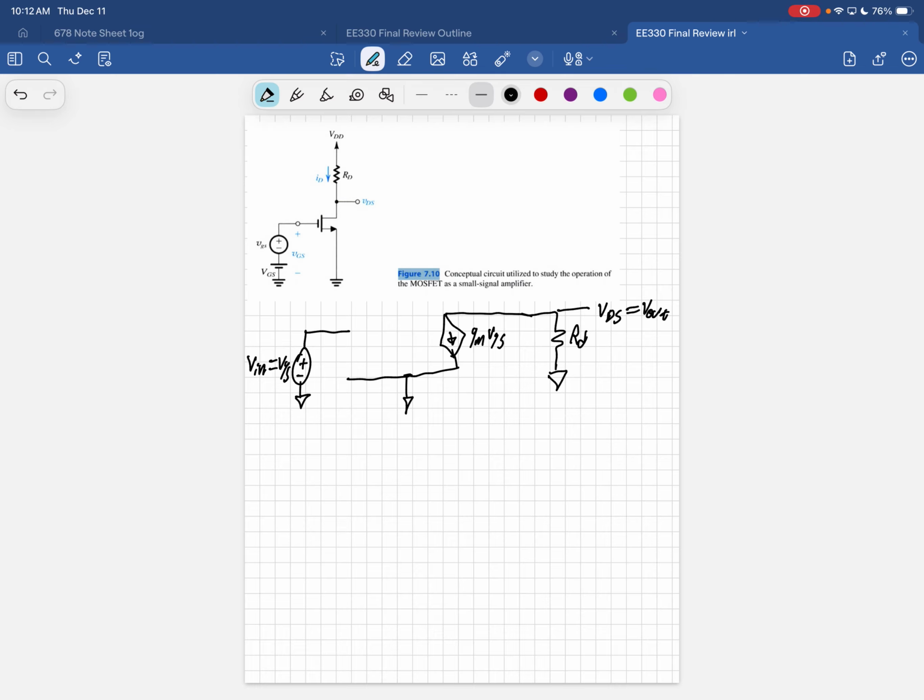Cool. So, looking at this circuit, we know that our gain is going to be negative because our dependent current source is pointing down, which will pull current through our RD, therefore creating a negative voltage at our node.